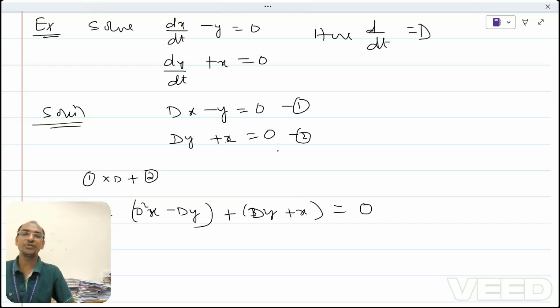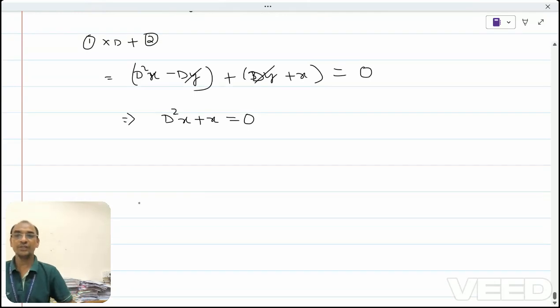So finally minus dy plus dy will get cancelled, and we get d square x plus x equal to 0. Now you see that x is common, so d square plus 1 of x equal to 0.